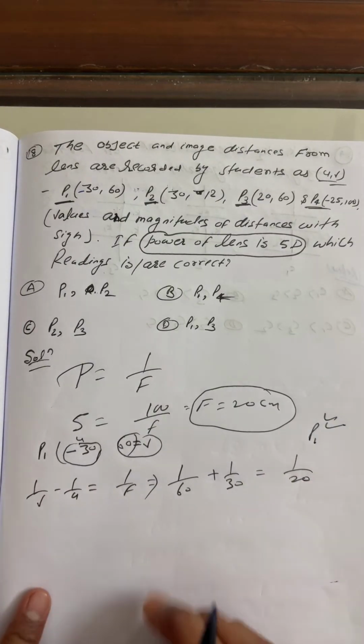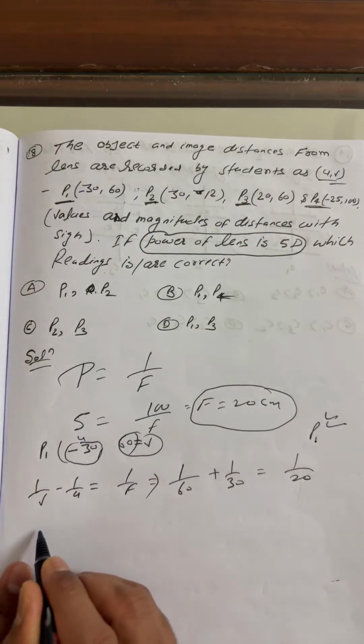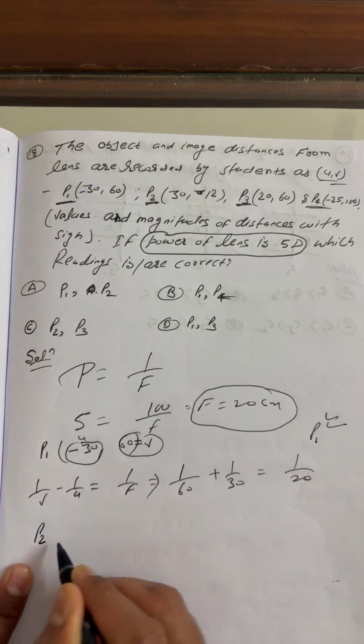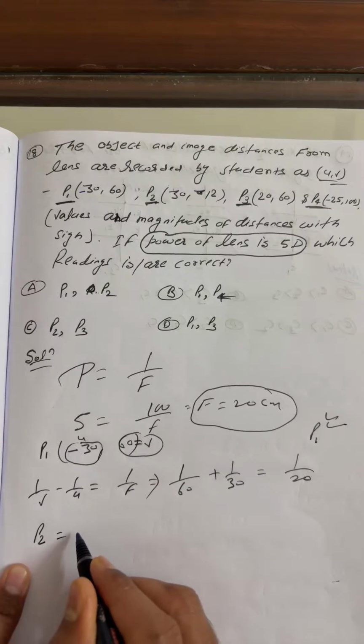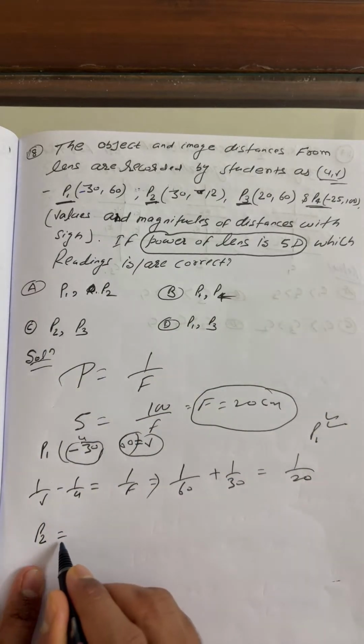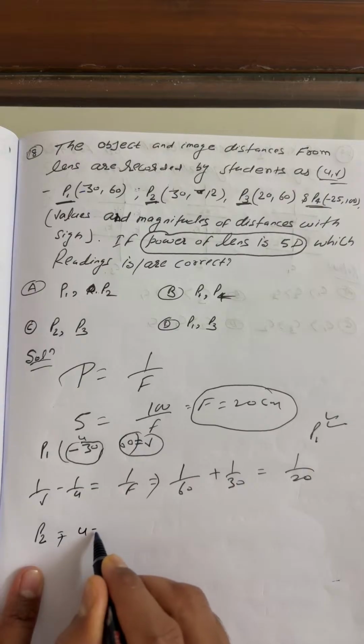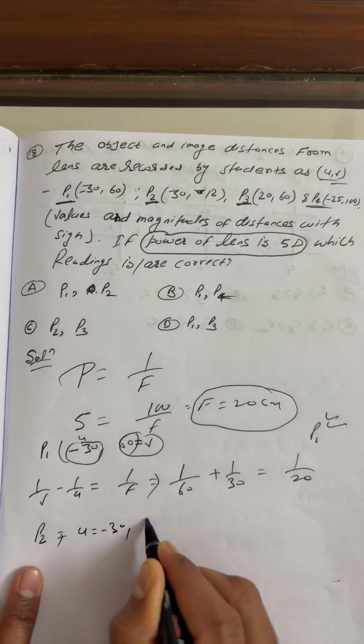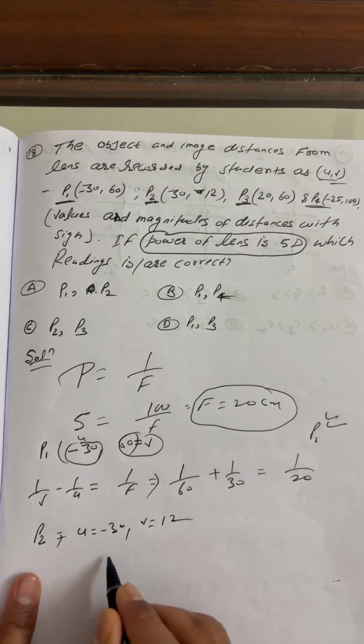Then students, I'll take P2. For P2, U is minus 30 and V is plus 12.